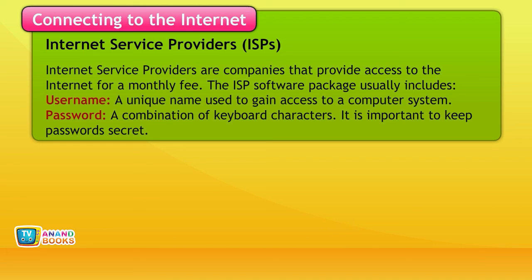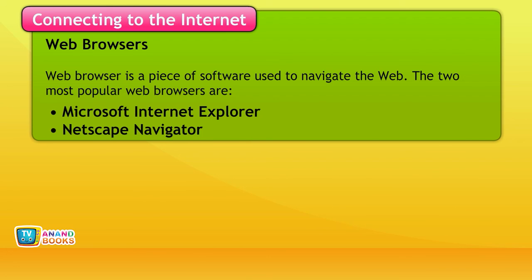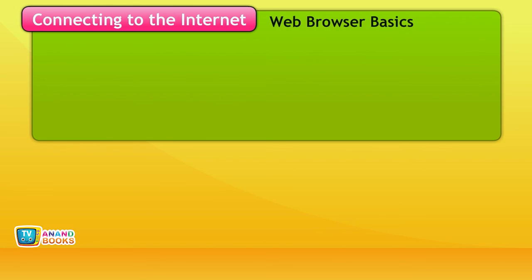It is important to keep passwords secret. Web browsers: a web browser is a piece of software used to navigate the web. The two most popular web browsers are Microsoft Internet Explorer, Netscape Navigator.